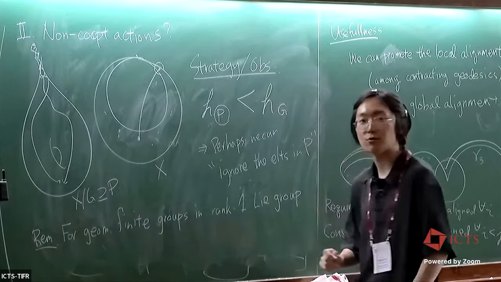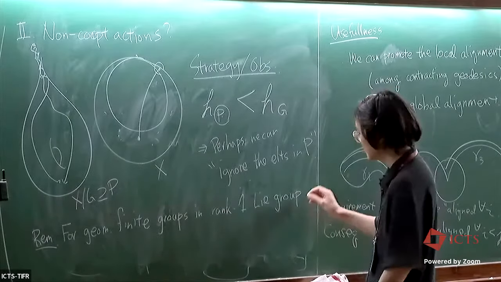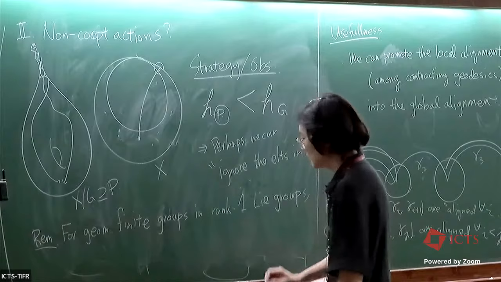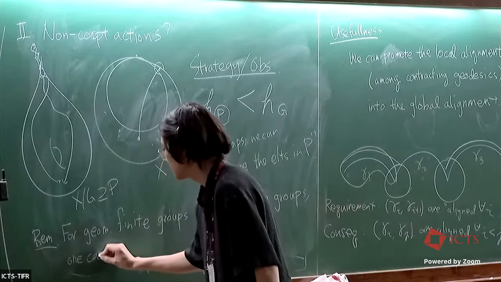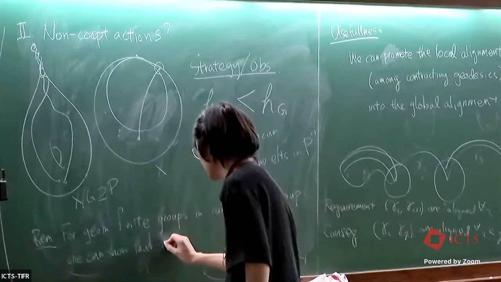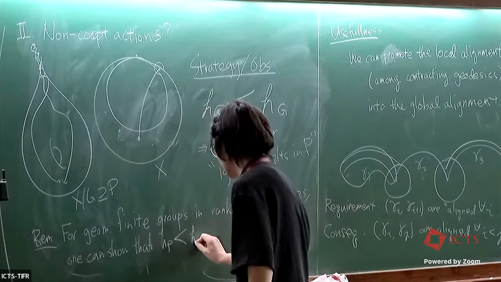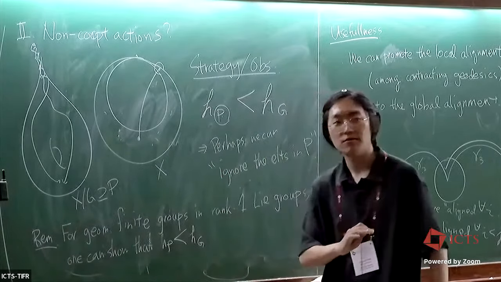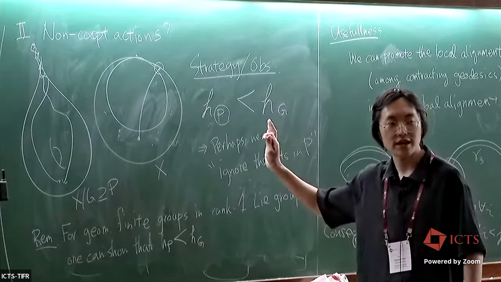This is not a random negatively curved manifold, but really the symmetric case. One can show that h_P is smaller than h_G. And there are only finitely many conjugacy classes of these parabolic subgroups. Hence, you can actually execute this strategy.